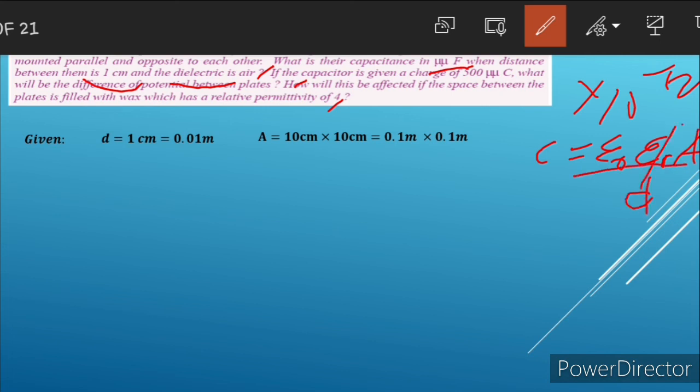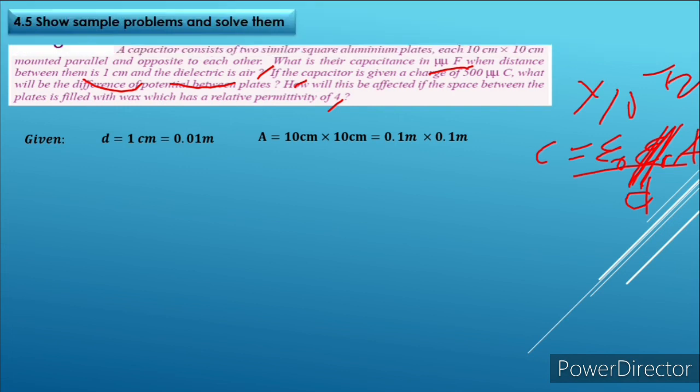Since the given dielectric is air, this relative permittivity will become 1. So our formula will become C is equal to absolute permittivity times area over the distance. Note that the value of absolute permittivity is 8.854 times 10 raised to -12 farad per meter.